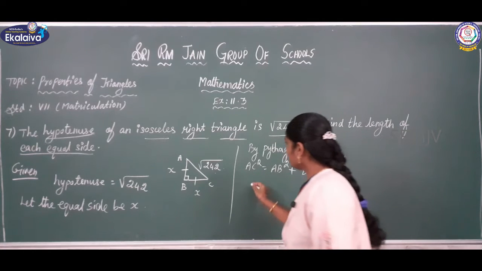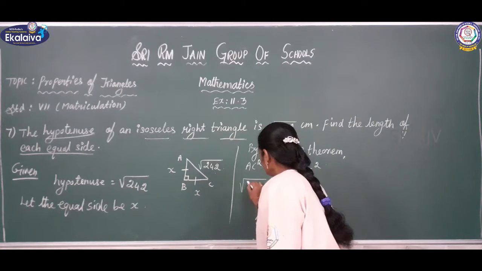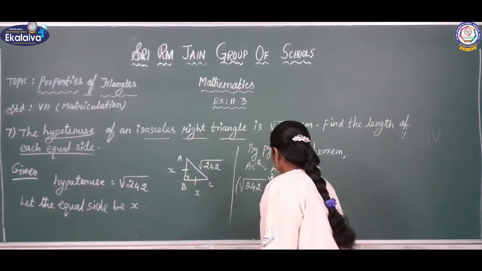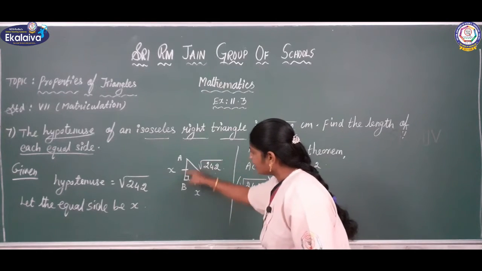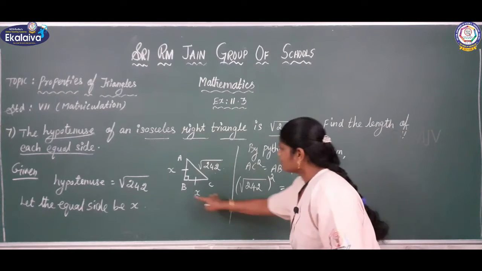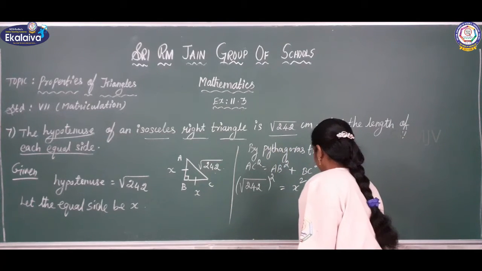Here AC value, root of 242 the whole square, equal to AB, here x square, plus BC, x square.